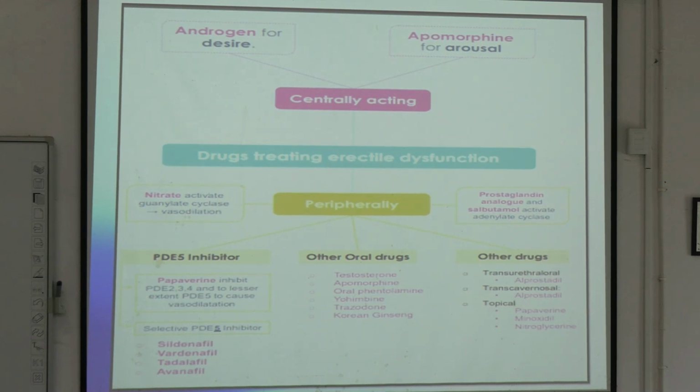Phosphodiesterase 5 inhibitor. Can you name some other drugs which are phosphodiesterase inhibitors, not specifically 5? Phosphodiesterase inhibitors are used in which clinical situations? Theophylline, where is it used?